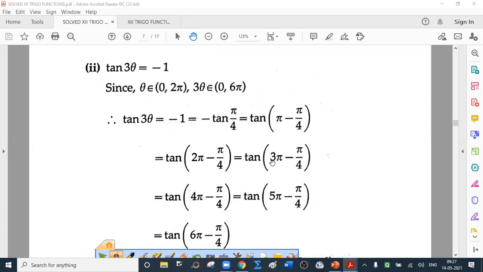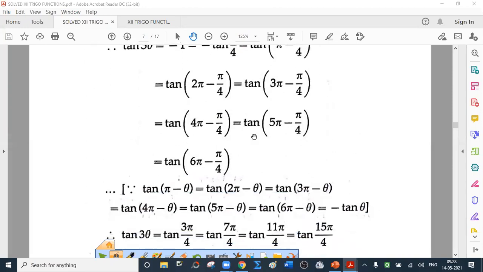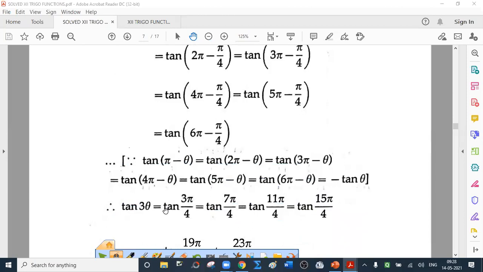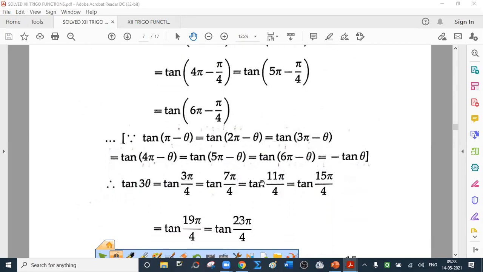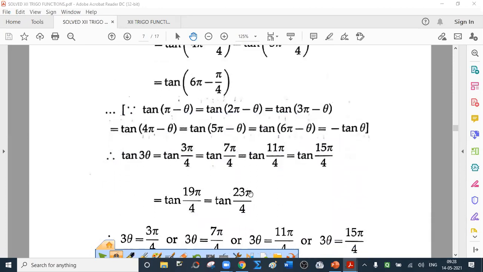2 pi minus theta. 3 pi minus theta. 4 pi minus theta. 5 pi minus theta. 6 pi minus theta. Why go till 6 pi minus theta? Because 3 theta belongs to this interval. See, this is the reason. So tan 3 theta is tan of 3 pi by 4, tan 7 pi by 4, tan 11 pi by 4, tan 15 pi by 4, tan 19 pi by 4, tan 23 pi by 4.